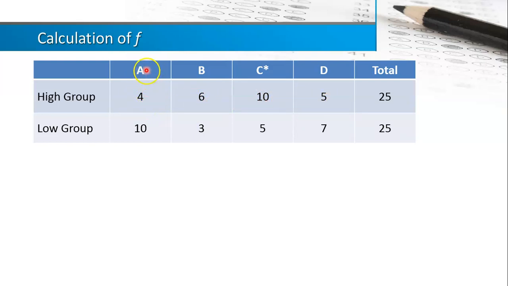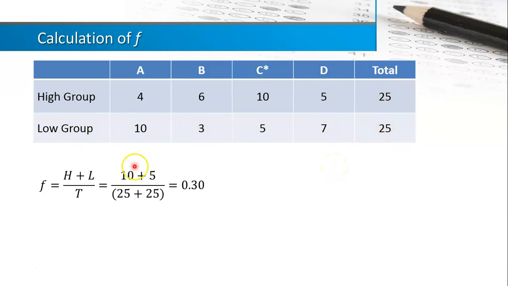For the high group, there are 4 students selecting A, 6 selecting B, 10 selecting C, and 5 selecting D. For the low group, selecting A 10, selecting B 3, selecting C, which is the key, 5, and then D. The high group and the low group are both 25 students.